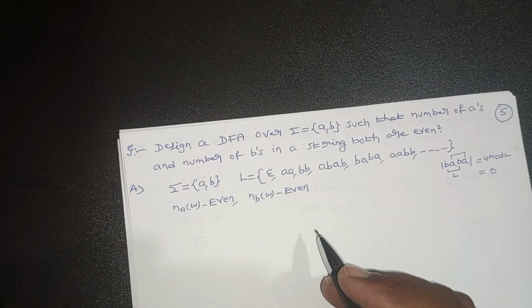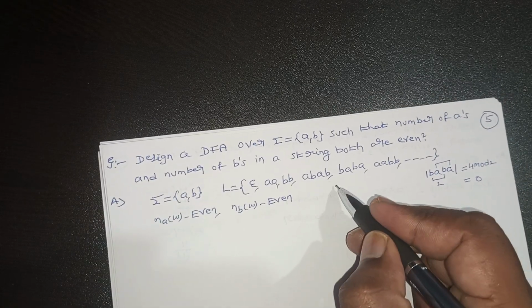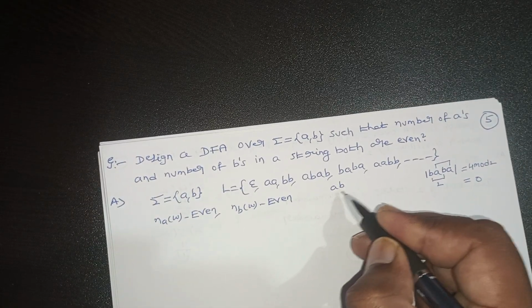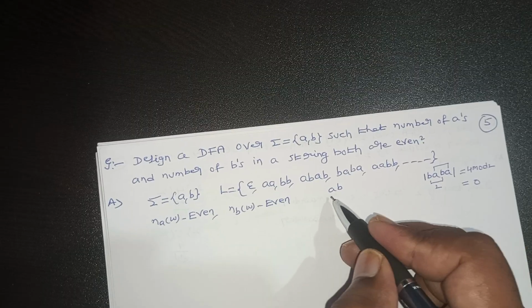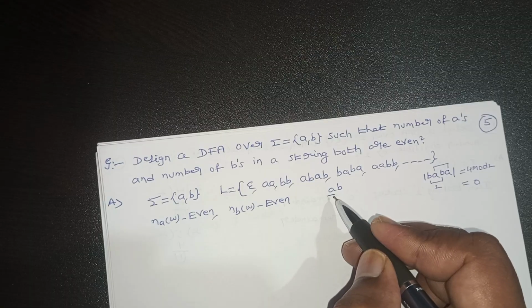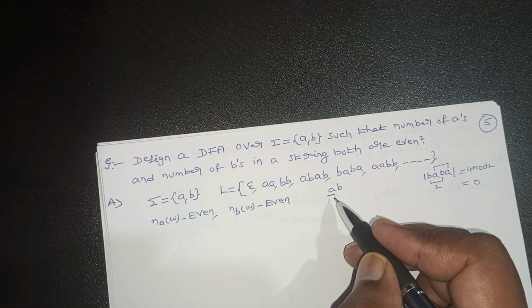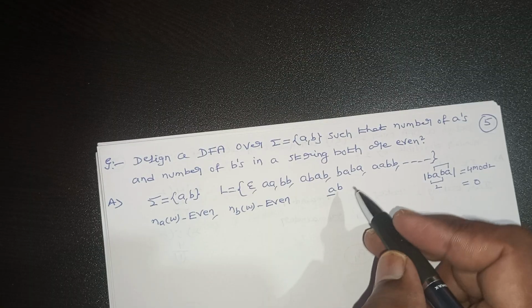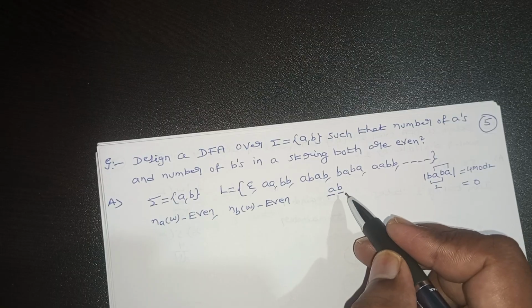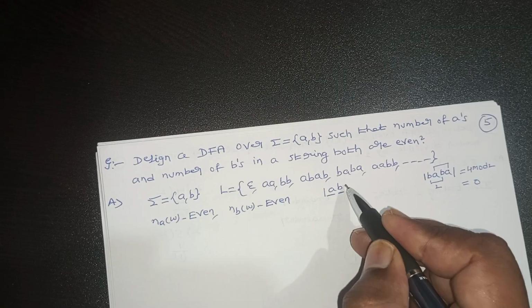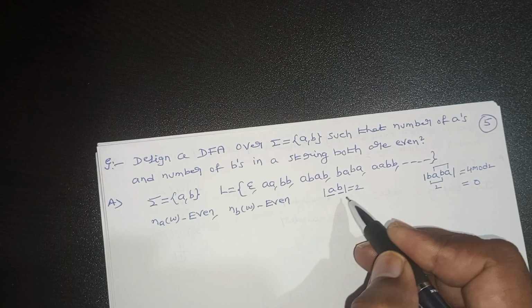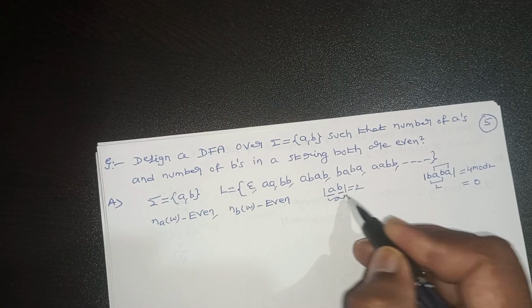But you may have a doubt. If I take the string AB, this is not a string in the language. Why? Because I have only one a, not an even number of a's, and only one b, not an even number of b's. So even though the length equals 2, this is not a string in the language.